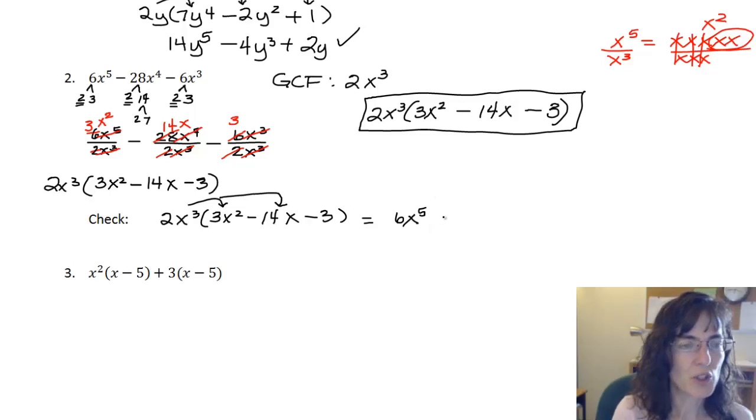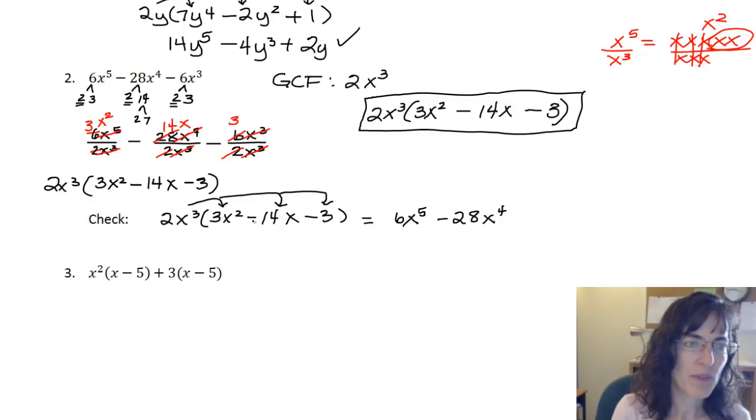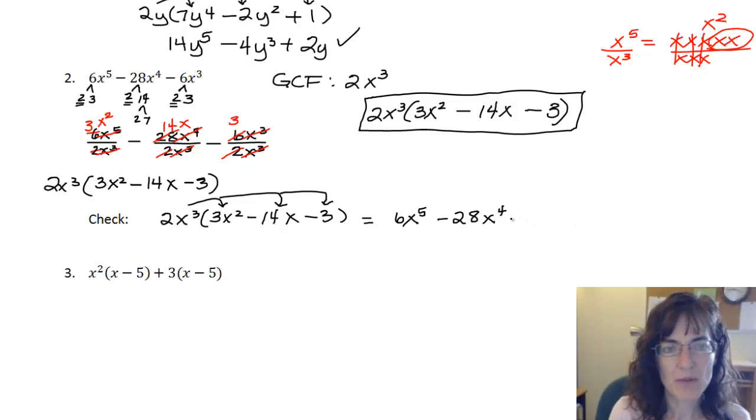So I have 2 times negative 14, so negative 28, x cubed times x, so 4 x's all together being multiplied. And the last term, I have 2 times negative 3, so negative 6, x cubed, and there's no x's inside the parentheses, so just 6x cubed.